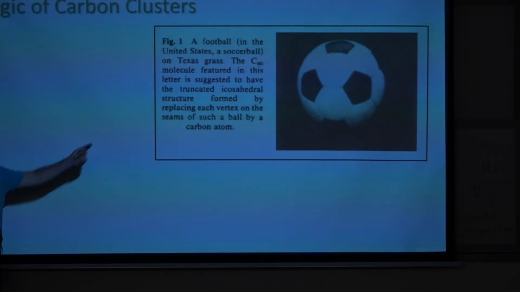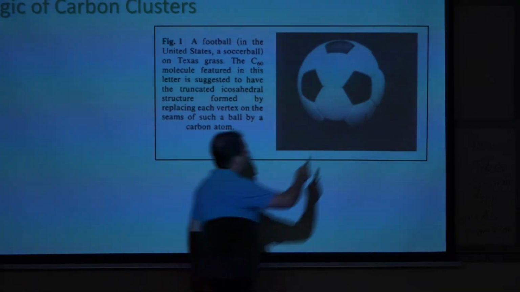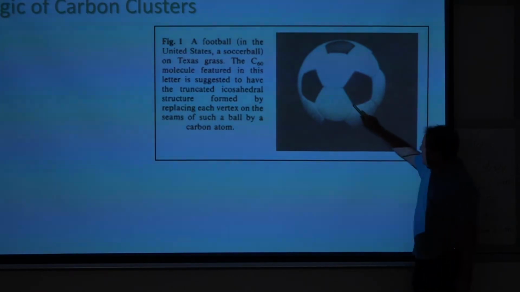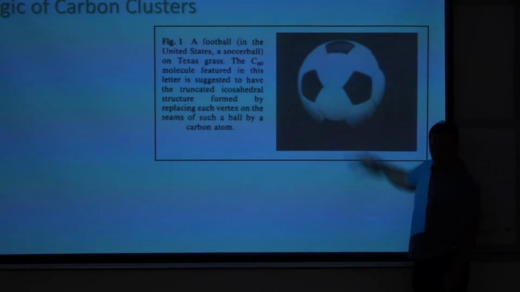Because the football has the same structure. It's made out of pentagons and hexagons, and every vertex here has 3 neighbors, and if you count the number of vertices, then it's exactly 60.